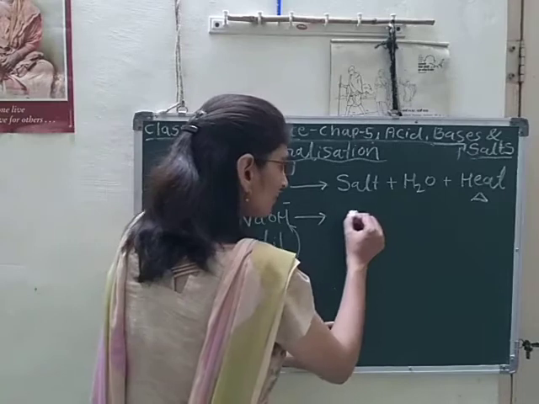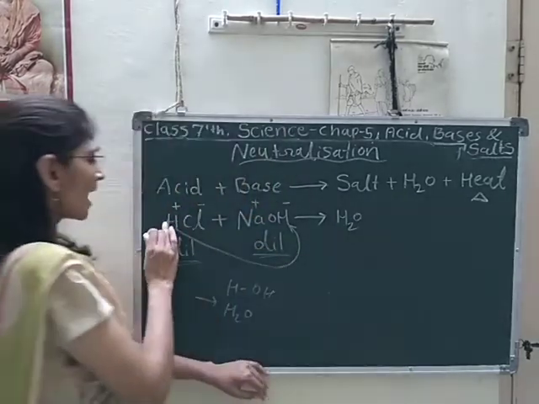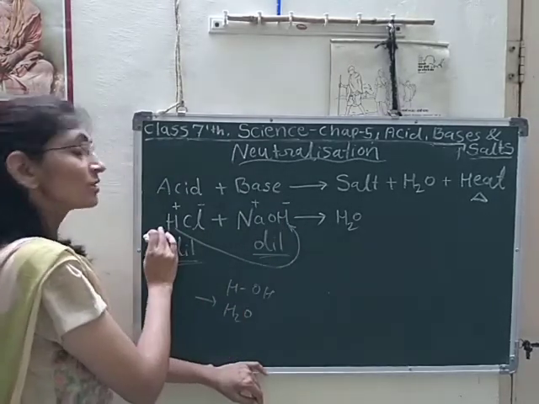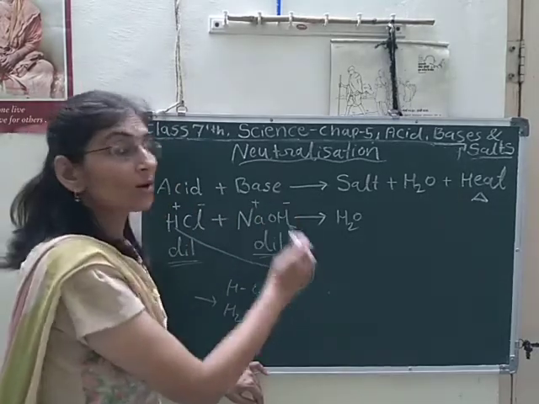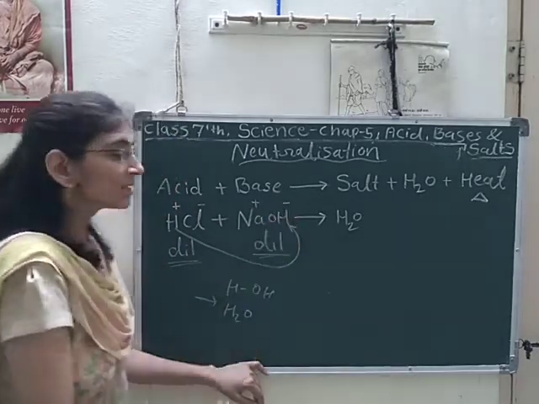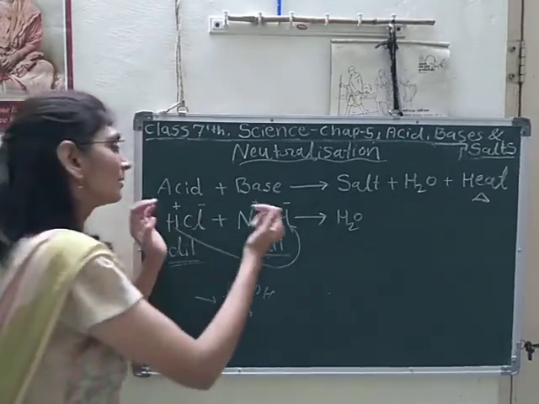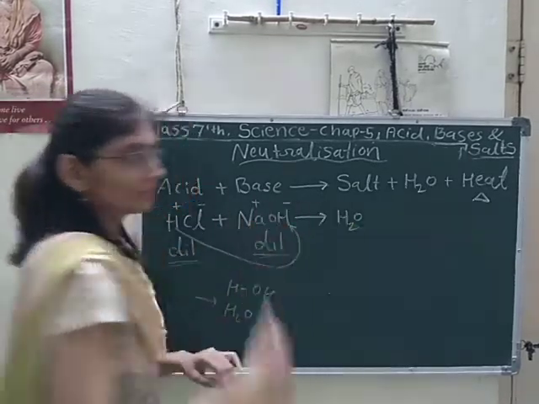So we get the product H2O when the H positive ion from acid and the OH, or hydroxyl, negative ion from base combine together, and thus they cancel out each other's effect by formation of water.